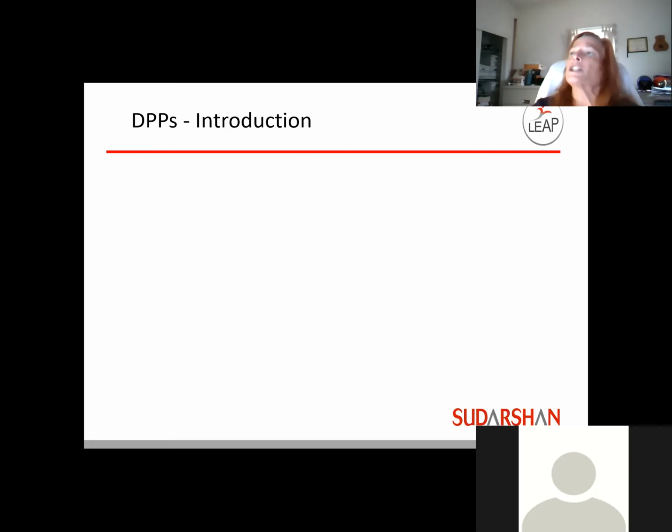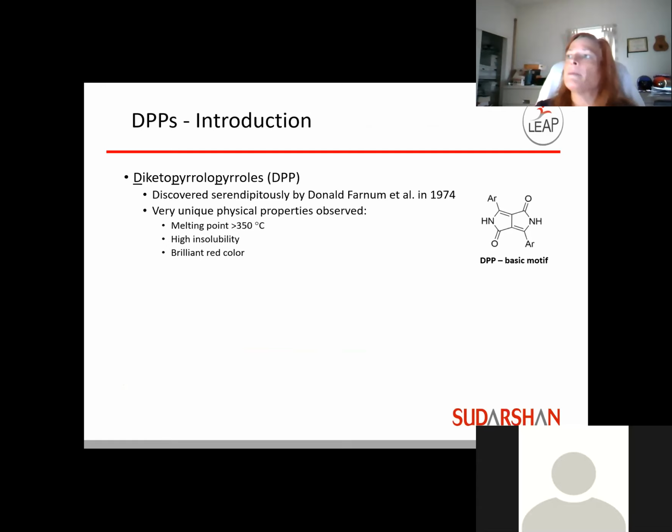As far as the introduction, the DPP chemistry was discovered pretty much by accident by Donald Farnham in 1974. He found something that had very unique properties like a very high melting point, high insolubility, and of course the brilliant red color that it produces.